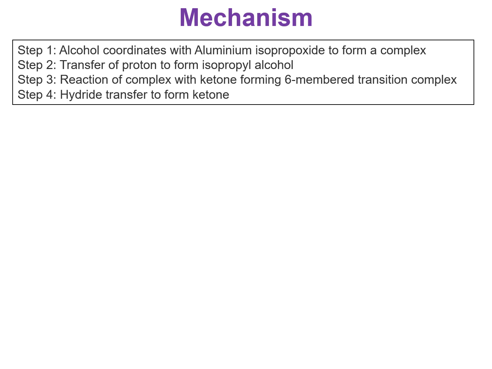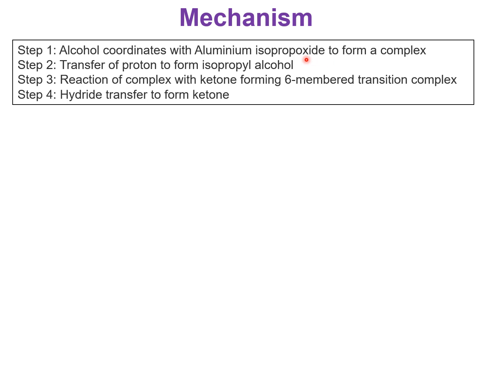Let's discuss the mechanism. In the first step, secondary alcohol reacts with aluminum isopropoxide and they form a complex wherein a proton from secondary alcohol is easily transferred to the catalyst and there is a liberation of isopropyl alcohol because we are using isopropoxide.